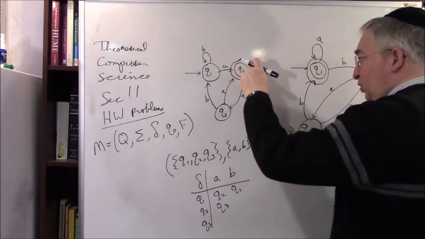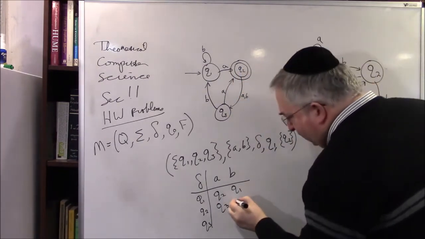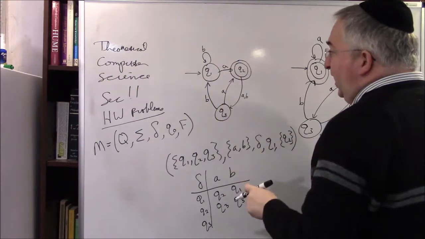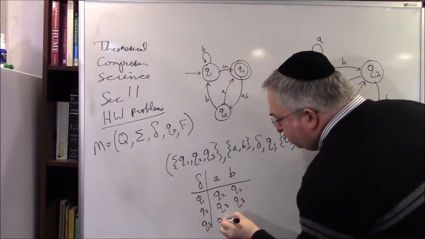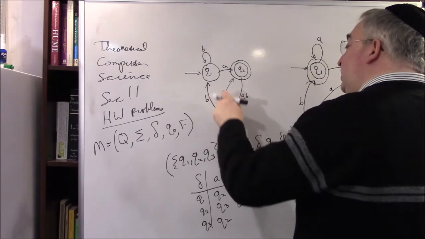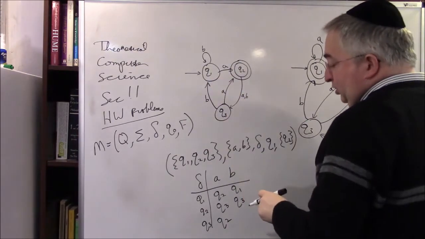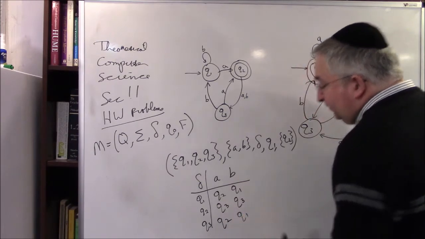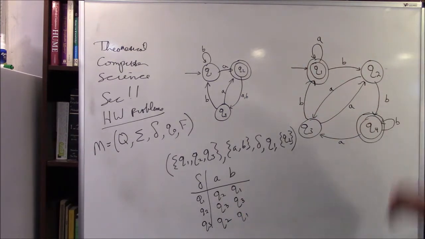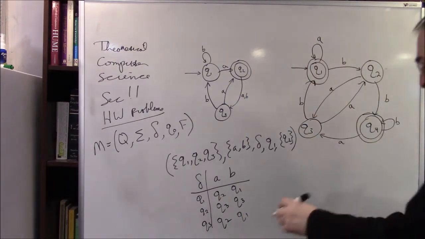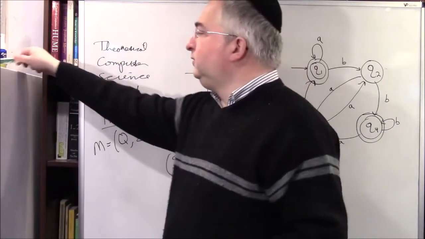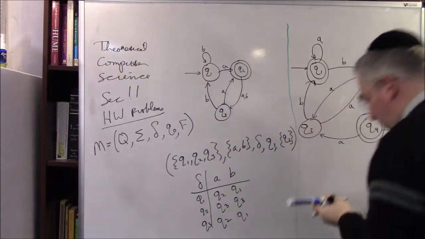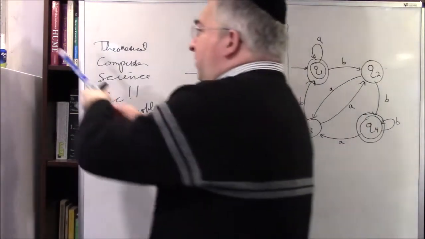If you're in Q2 and you see a B, you go to Q3. If you're in Q3 and you see an A, you go to Q2. If you're in Q3 and you see a B, you go to Q1. Okay, that takes care of that. That's the entire thing. Okay, good. Let's do the next one.